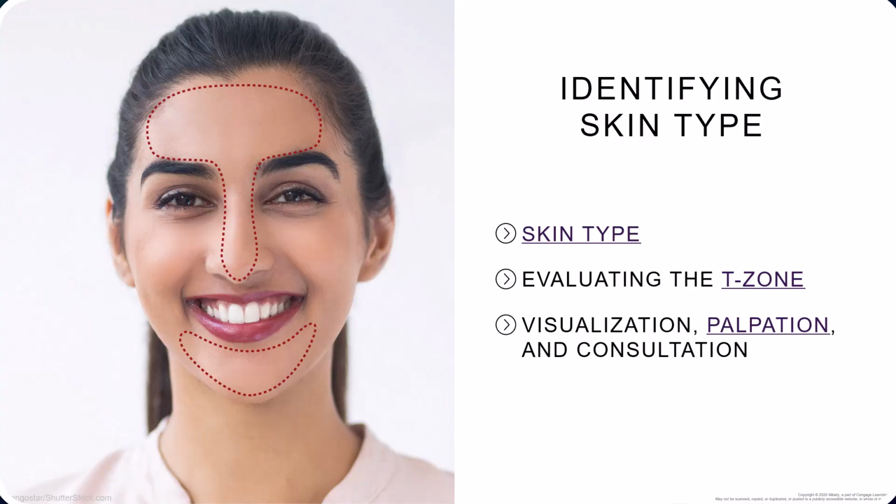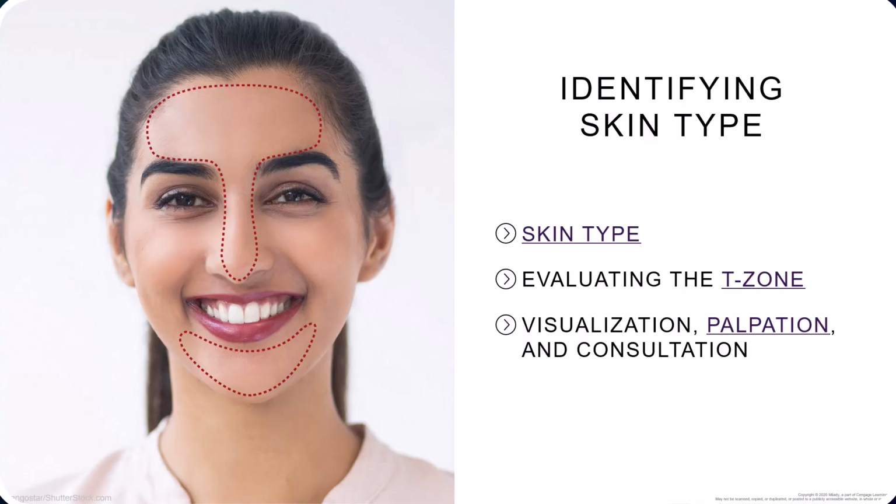So when you do a skin analysis, you really should be looking at visualization, using your visual abilities to note properties in the skin. You can see pore size, any irregularities, any sunspots, any hyperpigmentation. Those are all things that you can see.